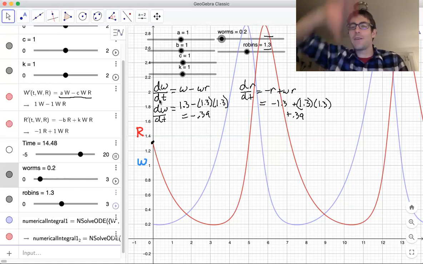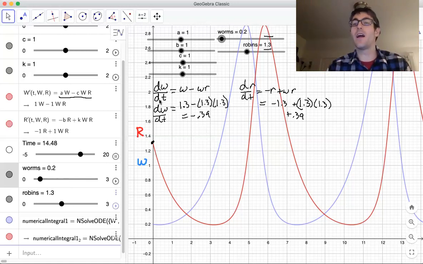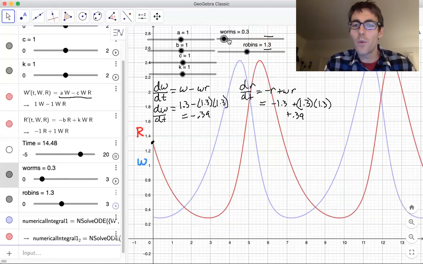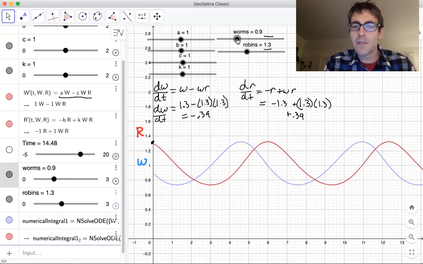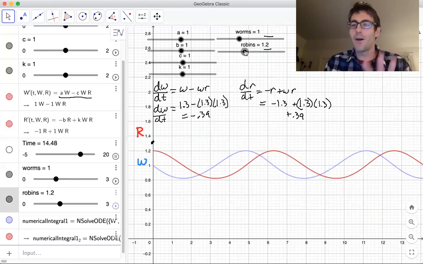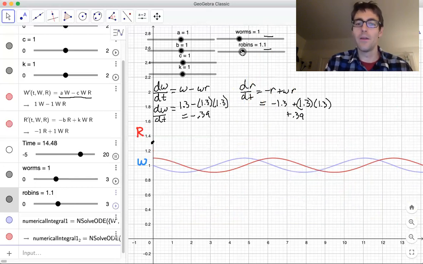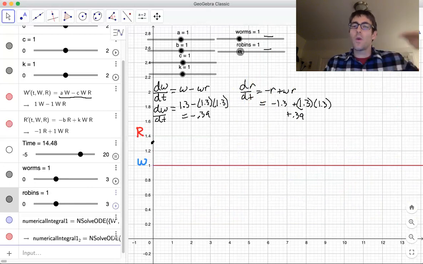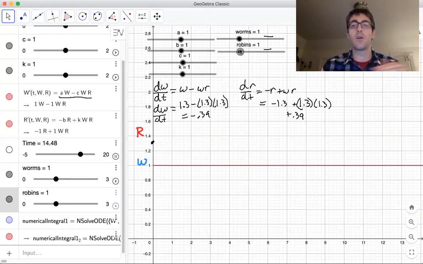So when we have these crazy swings, that's more of an unstable solution. But if we started off where everything was relatively balanced, so again, the units are weird, we're not actually talking about one worm or one robin, but if we start off with a very balanced number of each, we can actually get a stable solution, called an equilibrium solution.